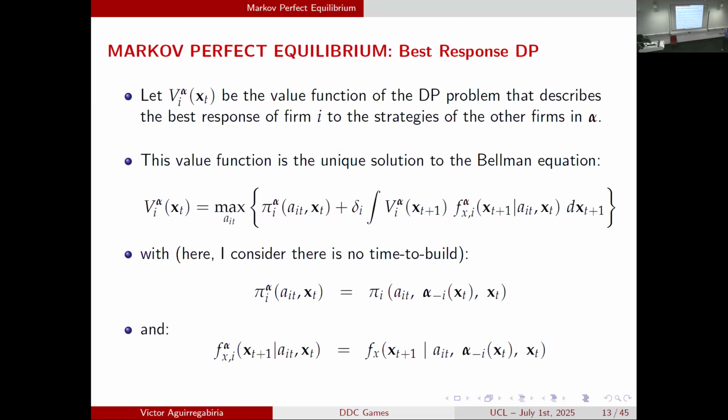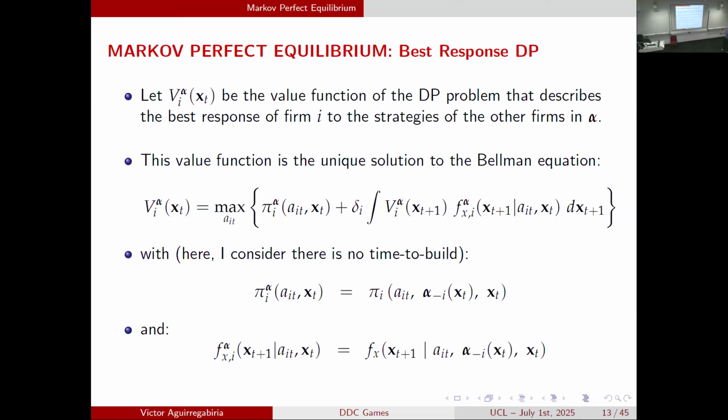Then basically, these are the same equations that I have written before. This is the Bellman equation. Taking as given the strategies of your opponent, you have this single agent dynamic programming problem. The solution of this Bellman equation for player i defines the best response strategy for this player, taking as given the strategies of the opponents.